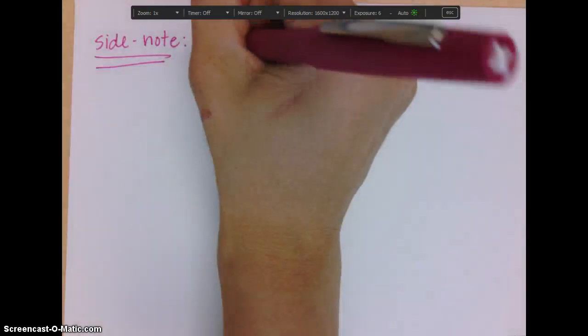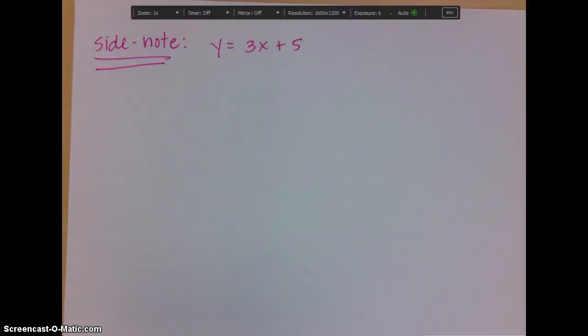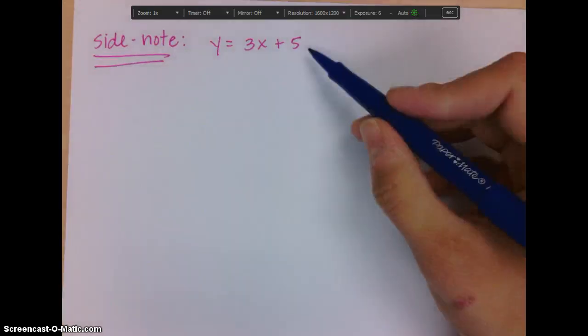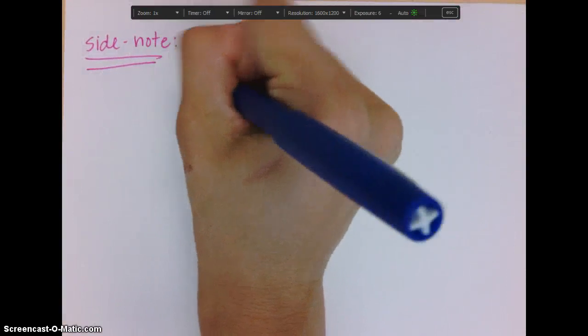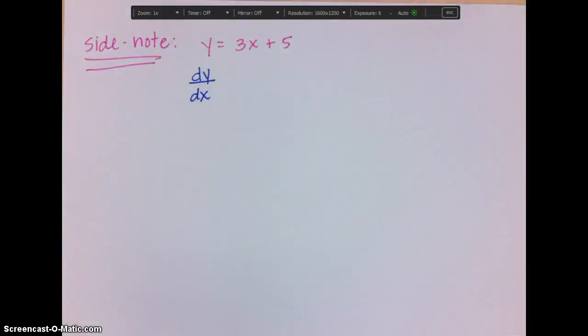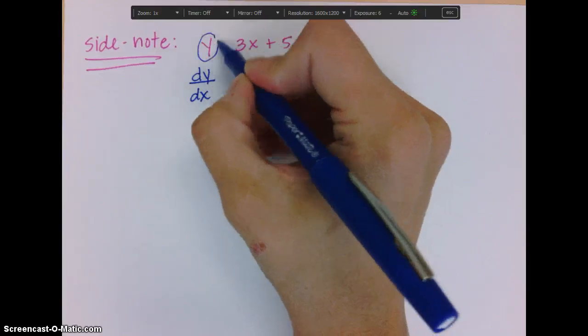So let's say I have y equals 3x plus 5. Very, very simple expression, very simple equation. Well, we kind of did use implicit differentiation. We just didn't really need to use all the fancy notation because it was such a simple function anyway. So we use the dy dx notation here to say that we've taken the derivative. And essentially, think about what the derivative of y would be.